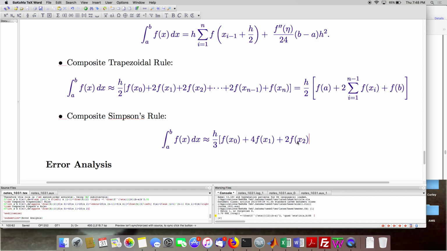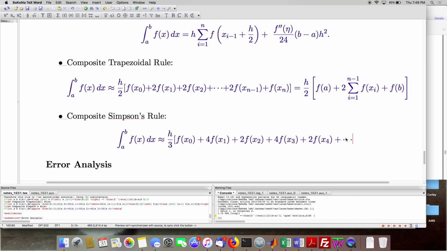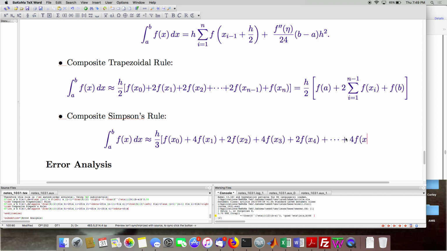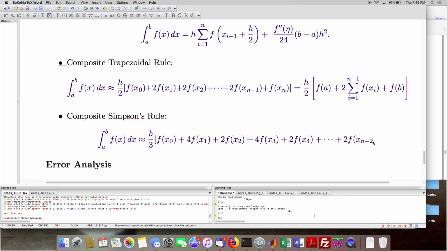Again, it's being shared by 2 applications of Simpson's rule. And then we go left, midpoint, right, left, midpoint, right, and so forth. Okay, so 4 f of x n minus 1, and 2 f of x n minus 2.